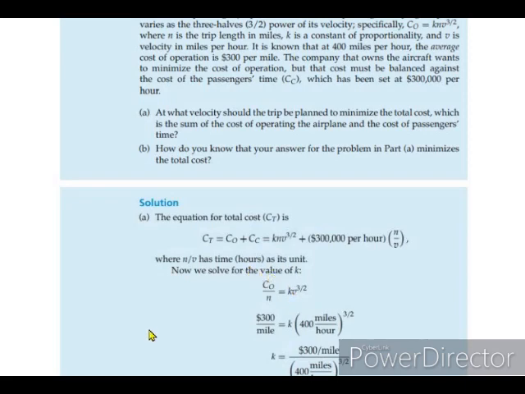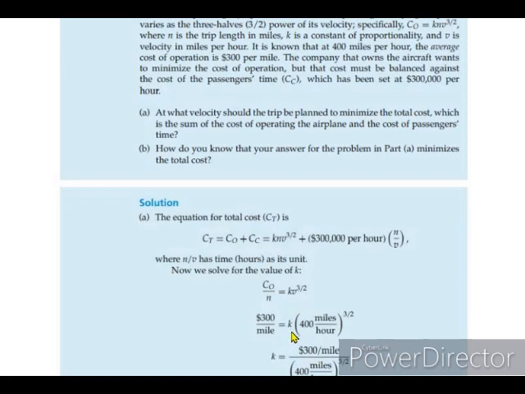First, we will solve the value of k before we solve this. To solve the value of k, we will use this formula, where C sub O is the $300, the average cost of operation per mile. That's why it is $300 over mile, equals k.